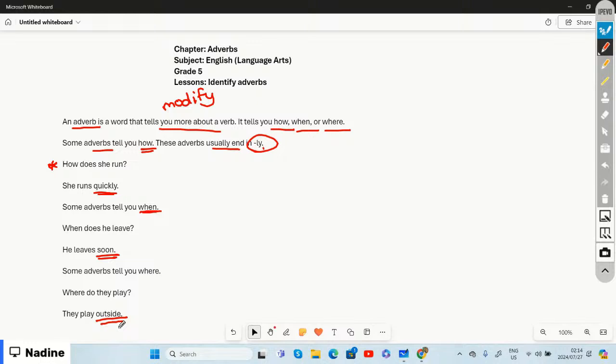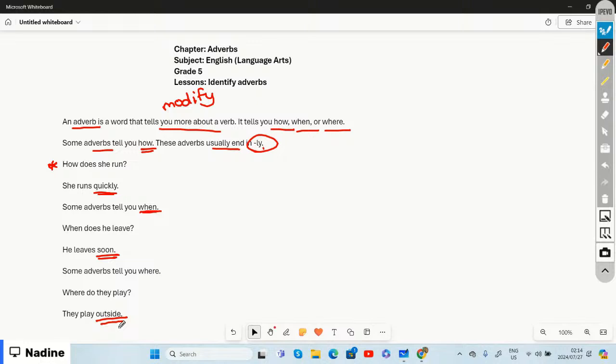And when it comes to certain adverbs, right? Adverbs can either tell us about the verb or it can even just tell us about another adverb or an adjective, right? But in this case, we are only for now talking about the verb, right? That it tells us about. All right.